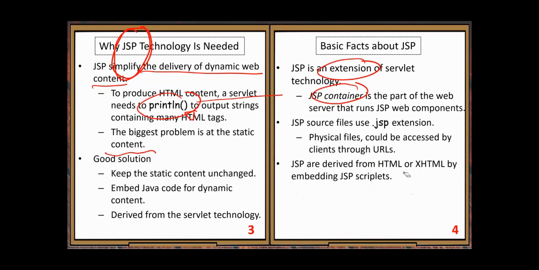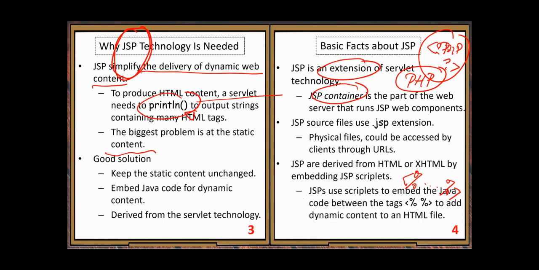If some of you have PHP experience, you will understand this part quickly, because in PHP we embed PHP code inside HTML content using the PHP tag. But this time, in JSP, we use the scriptlet, this kind of special tag, to embed Java code. So you will see it.